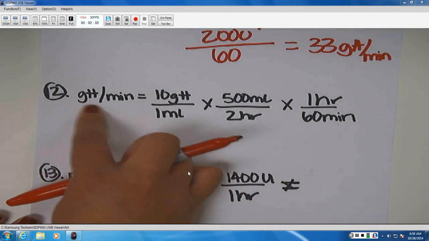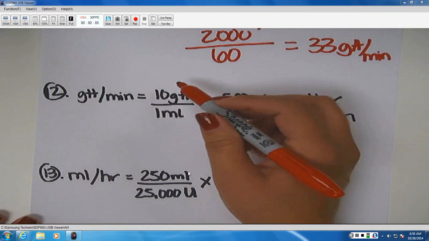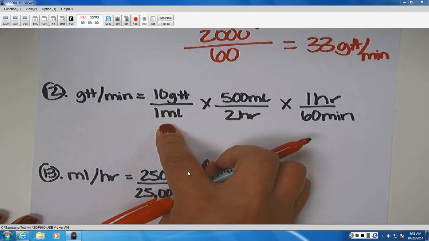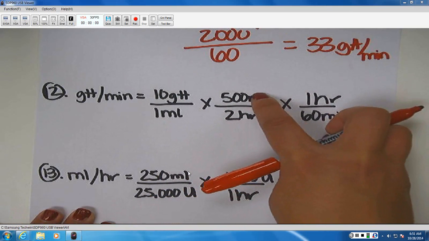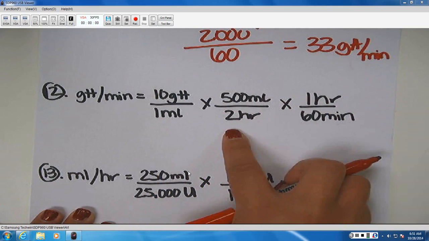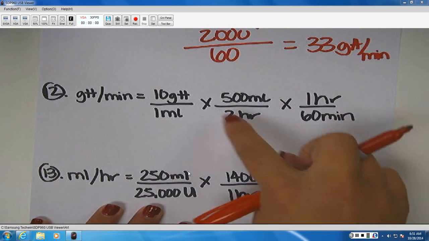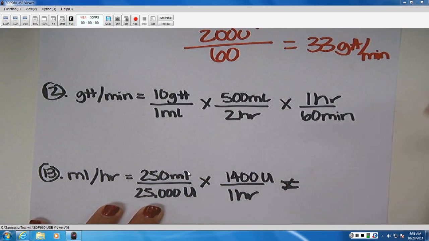Again, I'm solving for drops per minute. So I know that I have a drop factor of 10 drops per ml. And I want to give 500 mLs in 2 hours. And here's this equation set up over here. We're just putting our hour over 60 minutes.